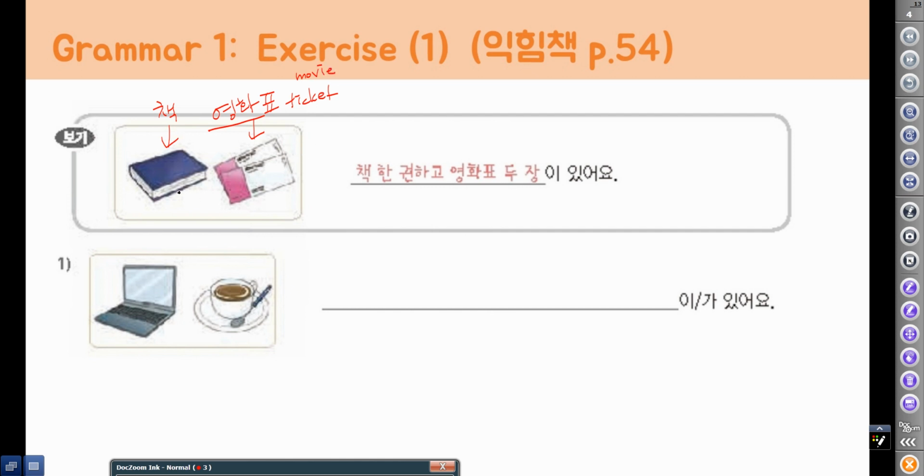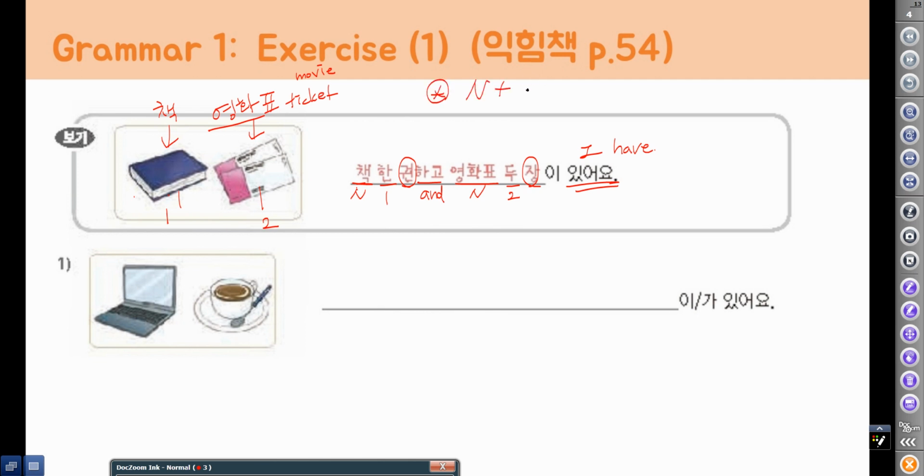So 1 book and 2 movie tickets. 있어요, here I have. I have 1 book and 2 tickets. So 책 한 권하고 영화표 2장이 있어요.